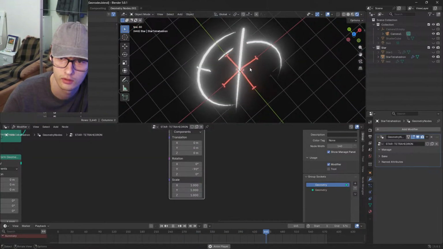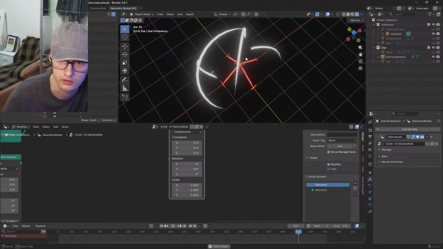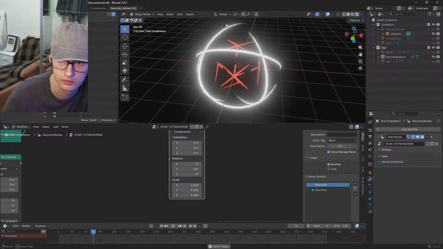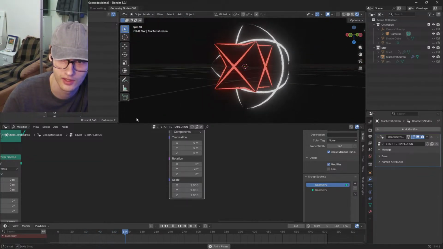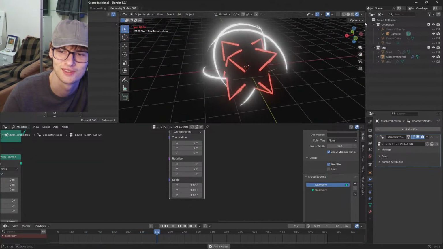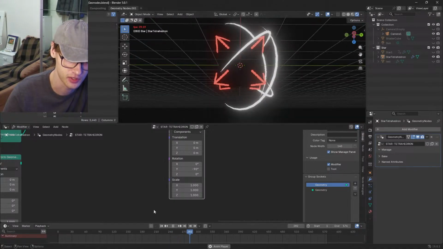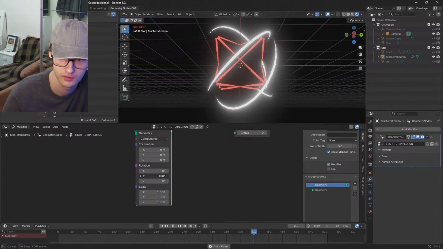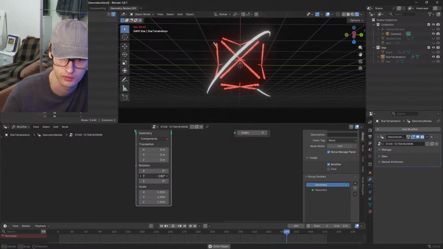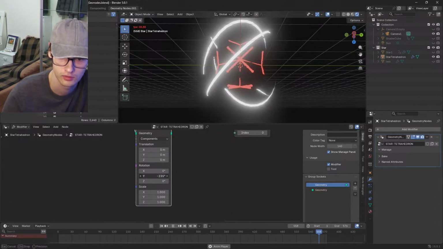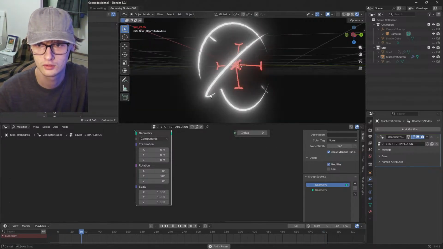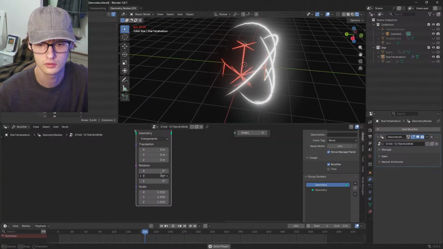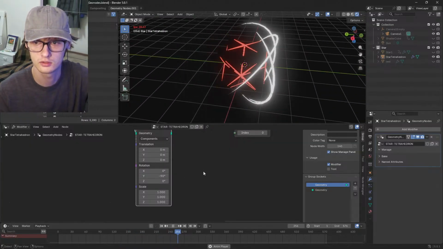Okay. What else can I do with this? Dang. This is getting really trippy. Which is a very good thing. Negative 90 or 90, which is better?